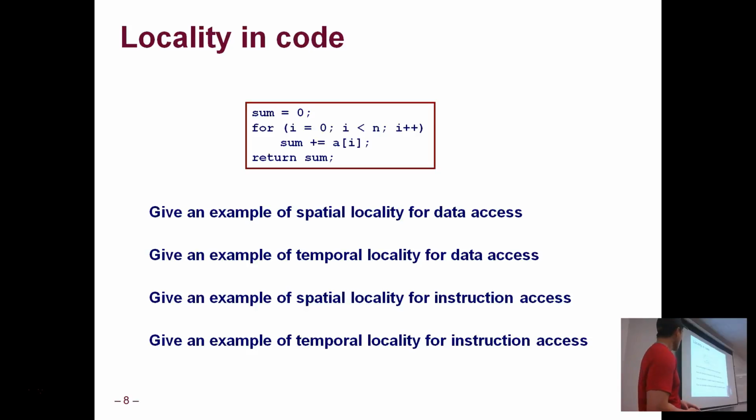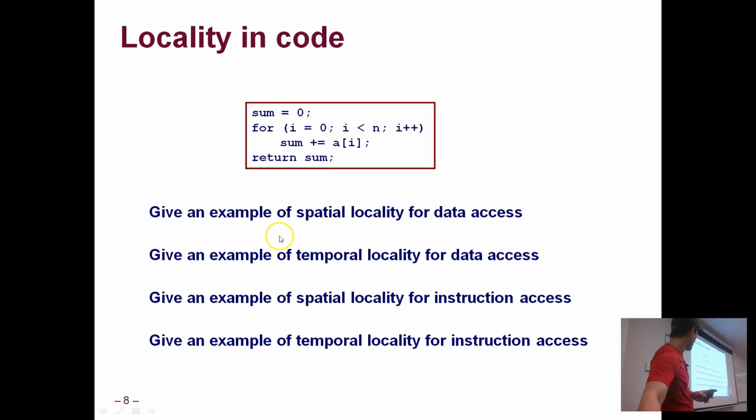Okay, so here is a program, and I want you to identify these kinds of locality in code. What I have here are examples of spatial locality and temporal locality for both data access and instruction access.